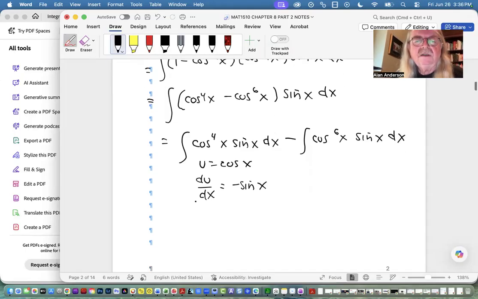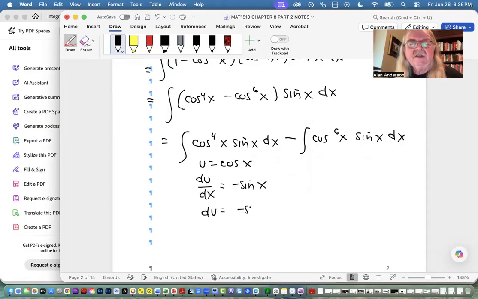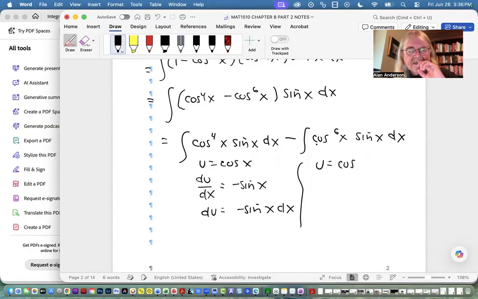And therefore, du would be negative sine x dx, which we don't actually have. Well, but we can provide the negative ourselves. And then over here, we can do the same thing. But that negative would need to come on the inside here because it'll be the same situation. u is cosine x, du is negative sine x dx. Well, I guess I didn't have to write these all over again, but just a reminder.